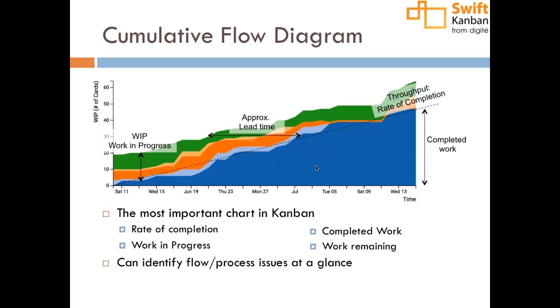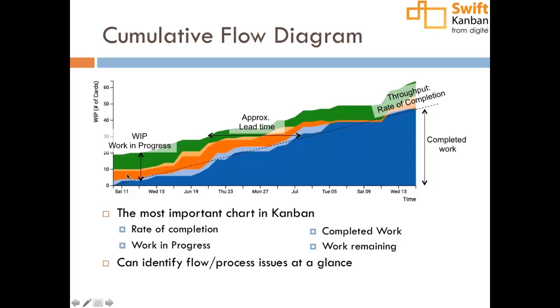Very clearly, between the blue and the top is the number of cards you have in your system. So WIP, or work in progress, is the height, the distance between the bottom and the top of the chart.